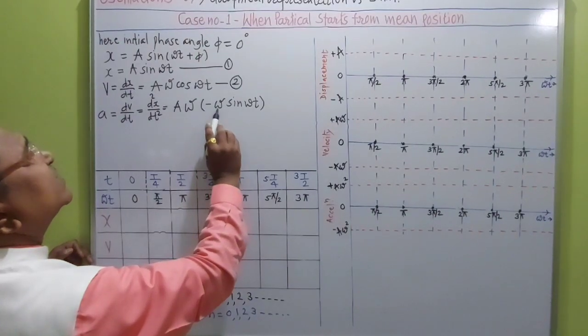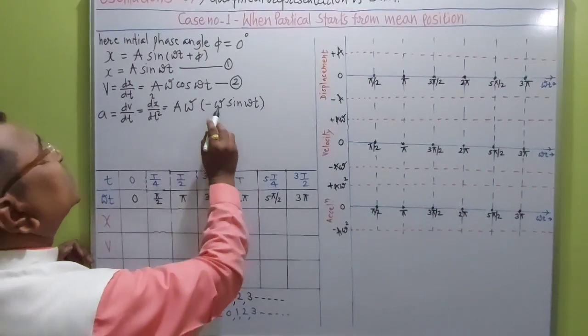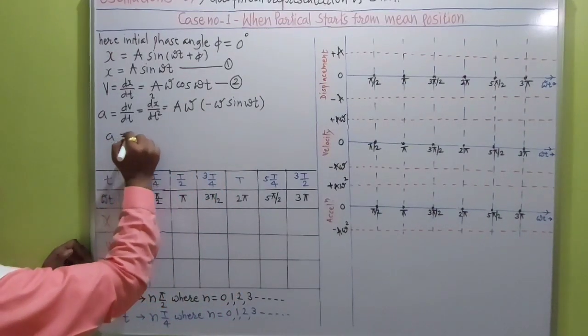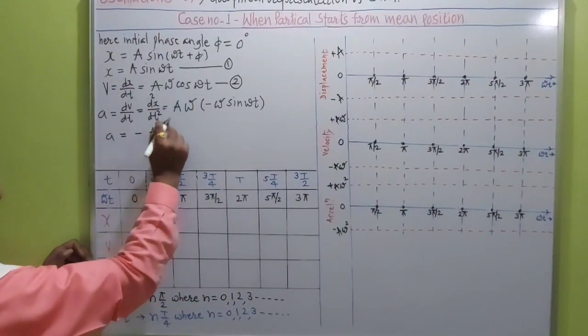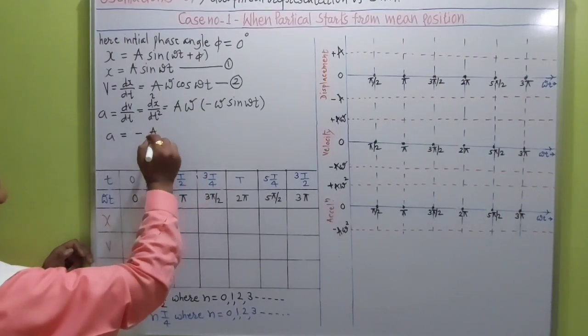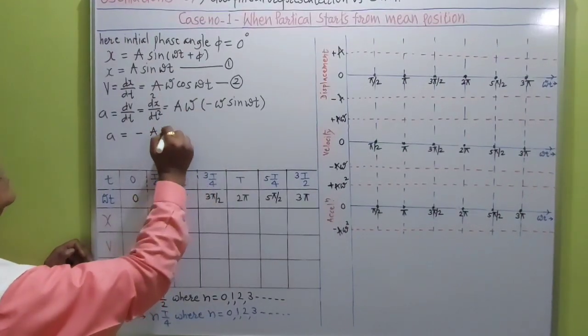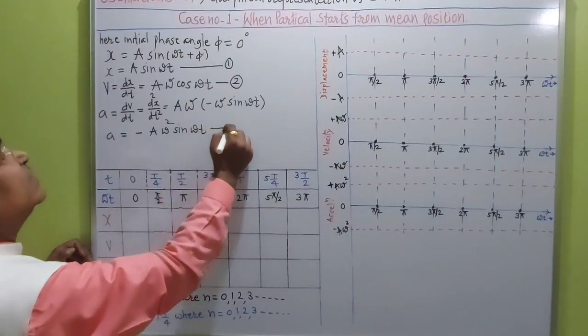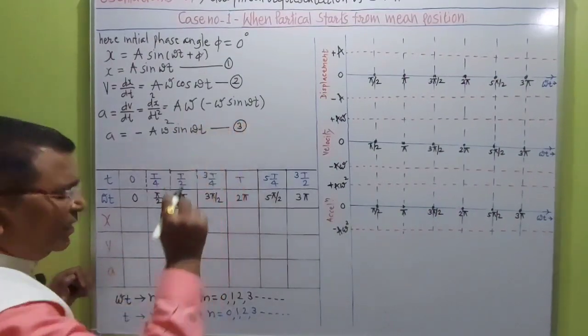So we get minus omega sin omega t. Then omega and this omega give omega square. So a is equal to minus A omega square sin omega t. This is equation number 3.